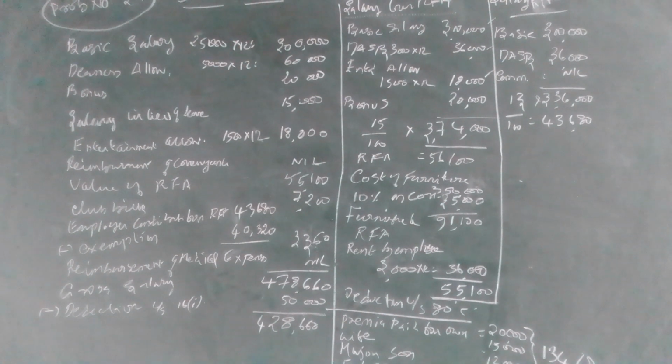So the total of these things is 3,36,000. 13% is the RPF, so 43,680. But the condition says RPF is exempted up to 12%, so in excess of 12% is taxable. So 3,36,000 into 12% comes to 40,320. So the taxable RPF is 3,360 only.